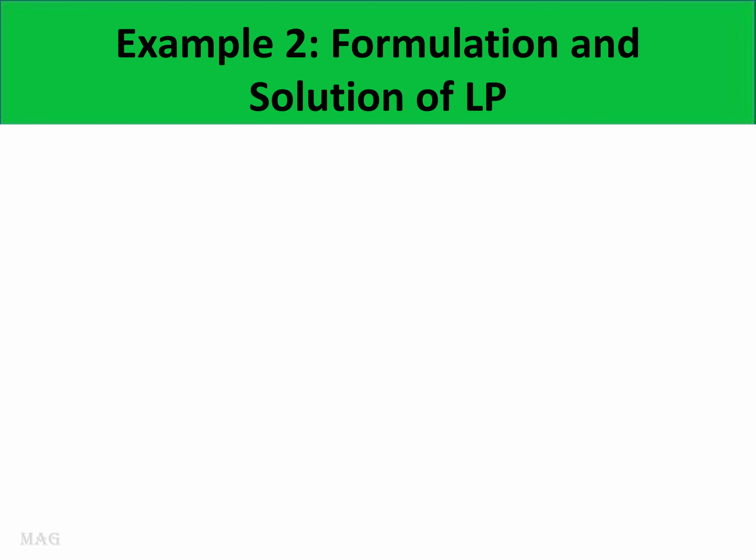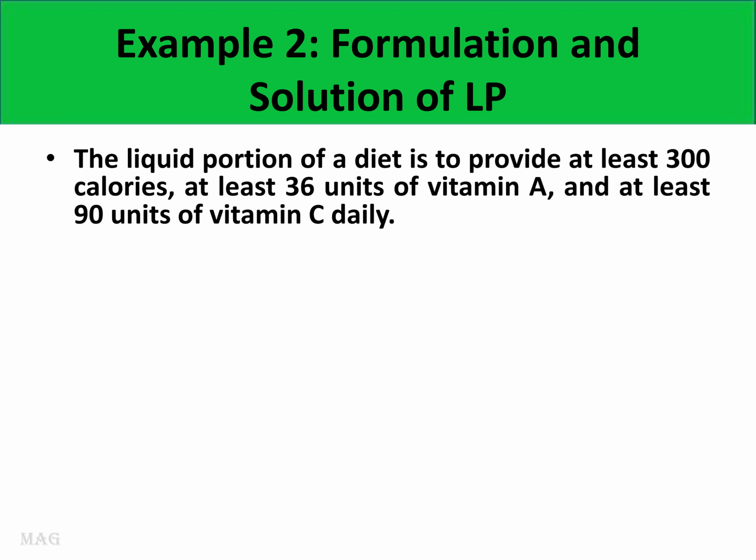Here is another simple example. The liquid portion of a diet is to provide at least 300 calories, at least 36 units of vitamin A, and at least 90 units of vitamin C daily.